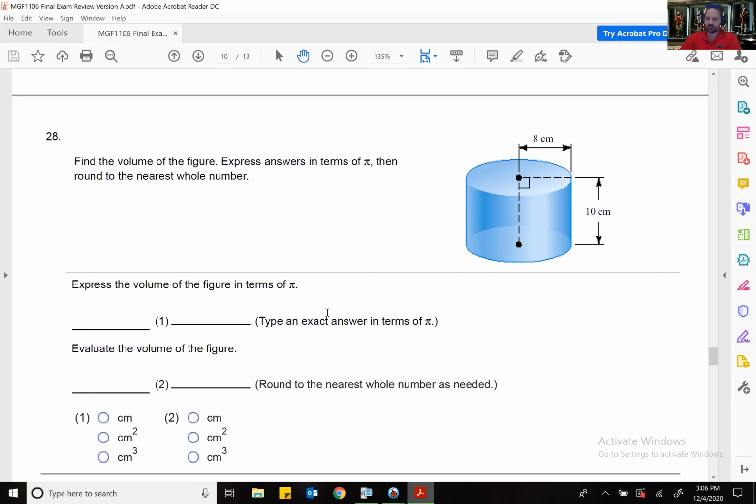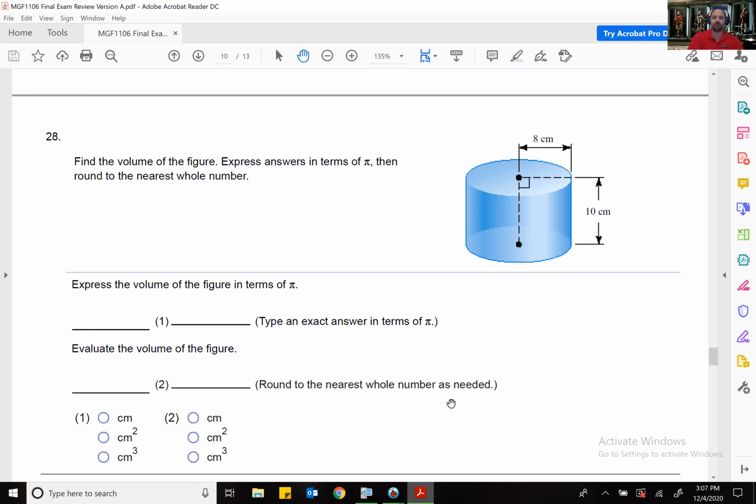Give me a second. I'm just writing out what I know. Okay. What's the label going to be? Centimeters cubed. You got it. So both of these answers are going to be centimeters cubed.